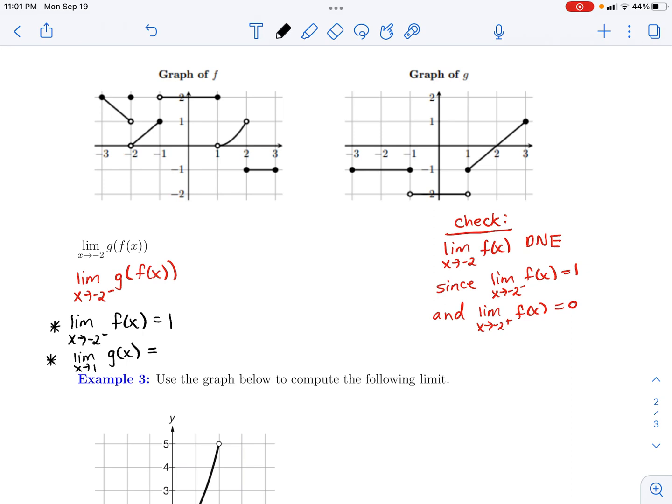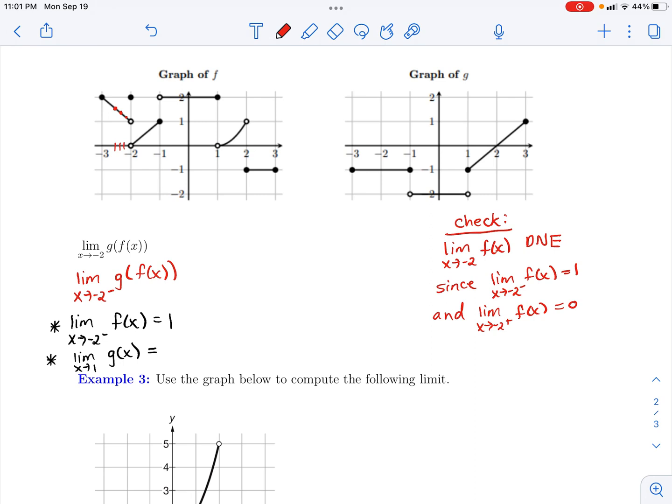So when I'm approaching -2 from the left, let's do these values here. So if I have -2.5, -2.2, -2.1, so as I'm approaching -2 from the left, do you guys see how I'm approaching from above?